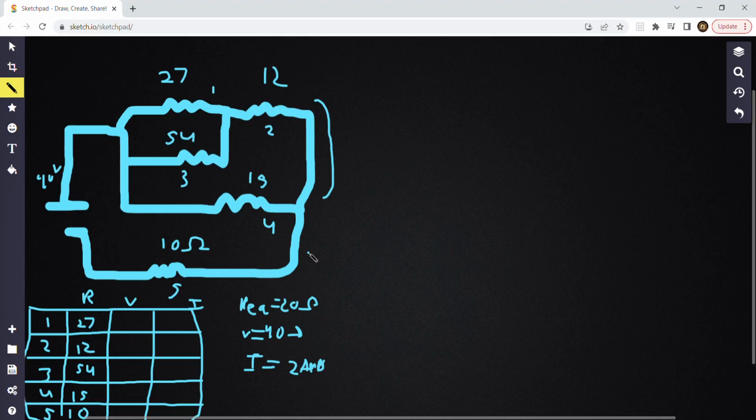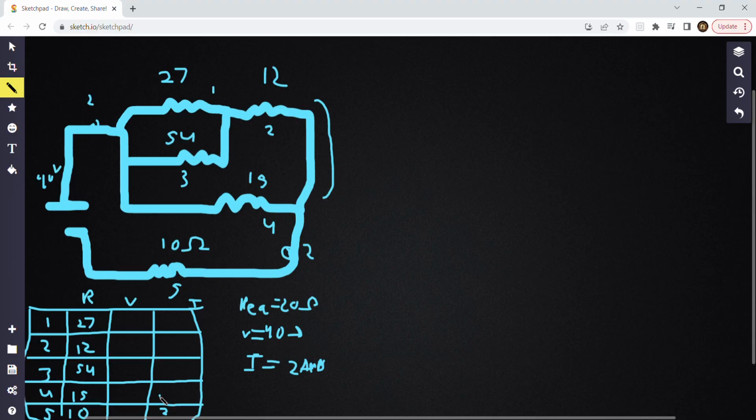Now, using that, we can go for the low-hanging fruit. Here is going to have 2 amps, and then it breaks up. Since this is going to get 2, we can plug in 2 for the table.